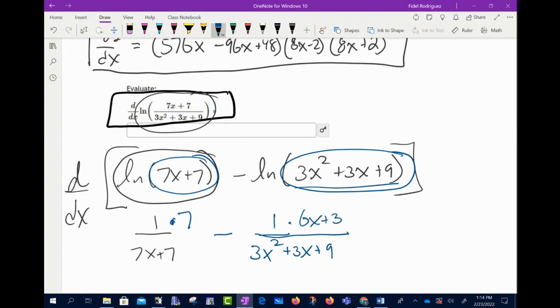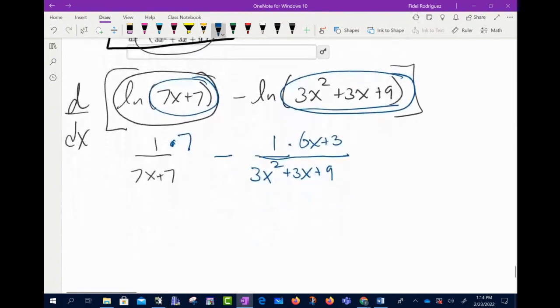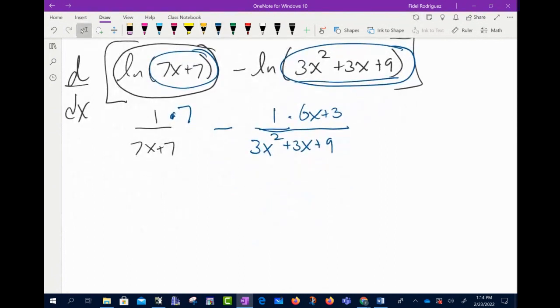Okay. All right. Again, y'all, we're going to go ahead and write a single expression here. So everybody agree that my common denominator is going to be 7x plus 7 and 3x squared plus 3x plus 9?